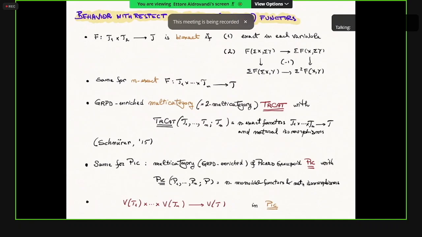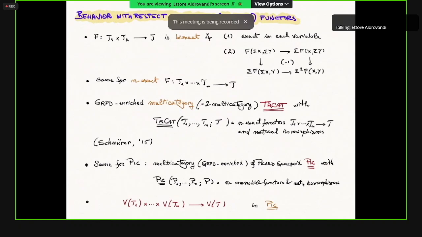It's in fact known that if you take in general n-exact functors, then you can assemble triangulated categories into a gigantic groupoid-enriched multi-category, in which precisely the multimorphisms from T to T are simply the n-exact functors that I defined before.